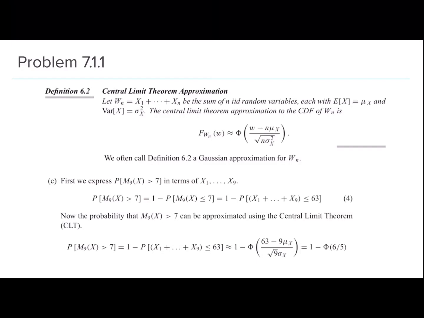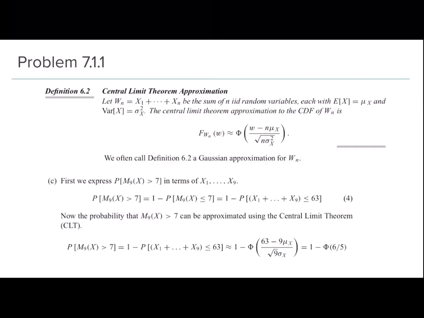The central limit theorem approximation to the CDF of W_n is F_Wn(w) = Phi((w - n mu_X) / sqrt(n sigma_X squared)), and this is also called the Gaussian approximation for W_n.